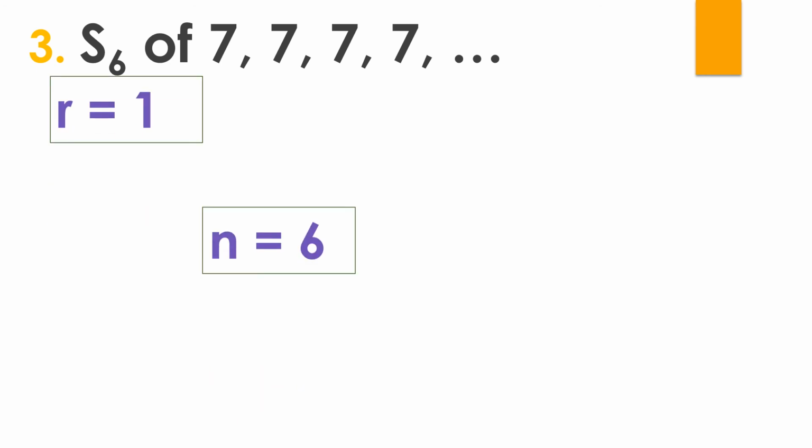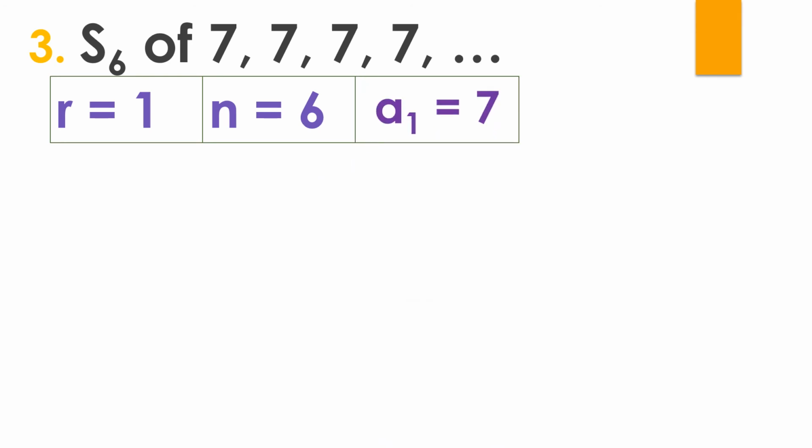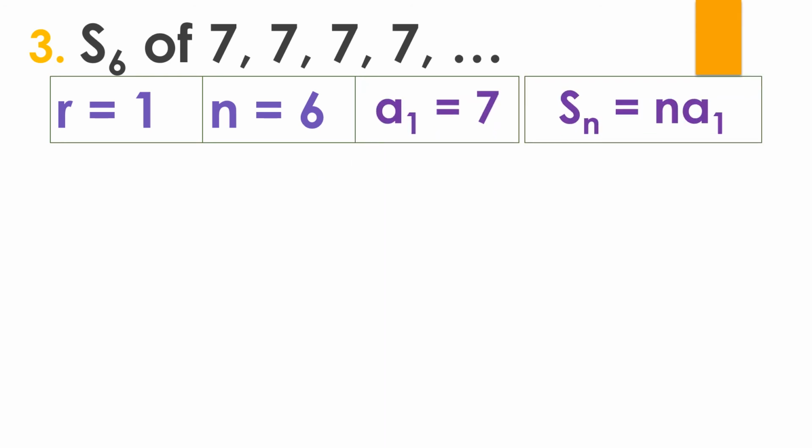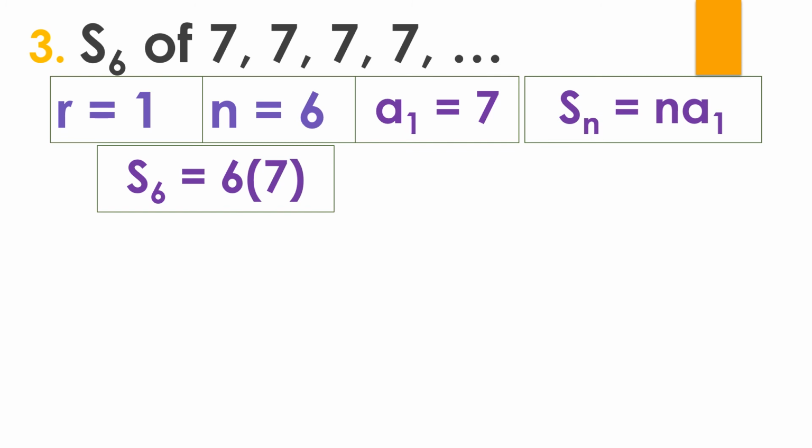Another example is S sub 6 of 7, 7, 7, 7. Here r is equal to 1 and n is equal to 6. A sub 1 is 7, so therefore we may use the formula S sub n is equal to n times a sub 1. So that is, the sum of the first 6 terms of the sequence is 6 times 7, which is equal to 42.